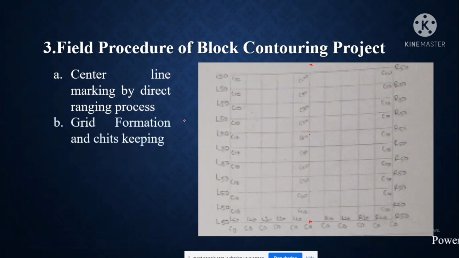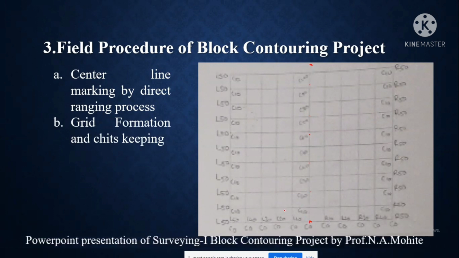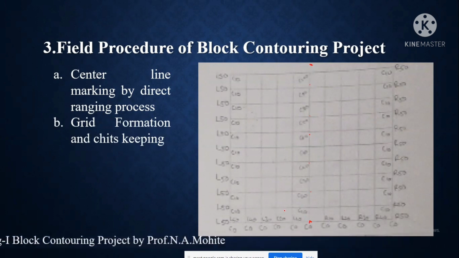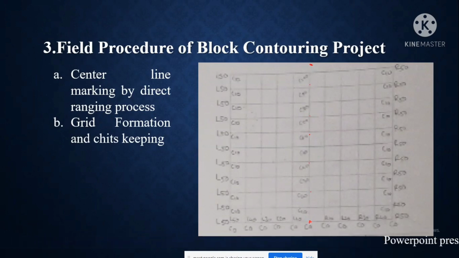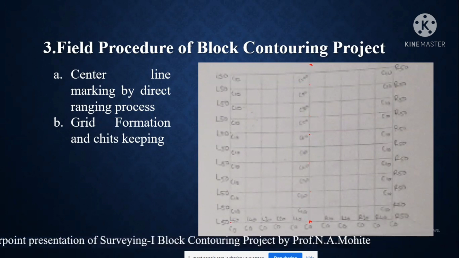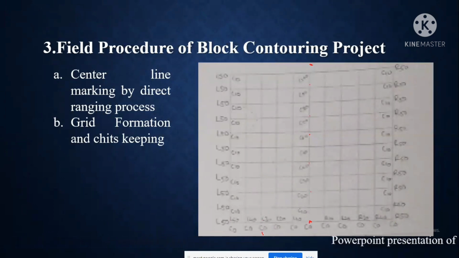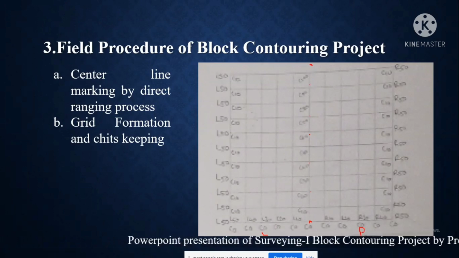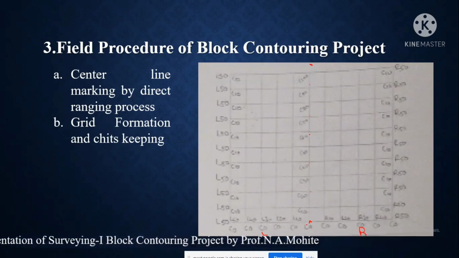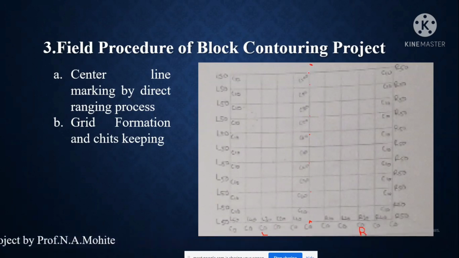Next is grid formation and chit keeping. By keeping the open cross staff at C0, the ranging rod will be fixed at C100. A person carrying a ranging rod will be standing on the left hand side and a second person on the right hand side. So this is my left hand side, this is my right hand side. One person will be bisecting the ranging rod which has been kept at C100.